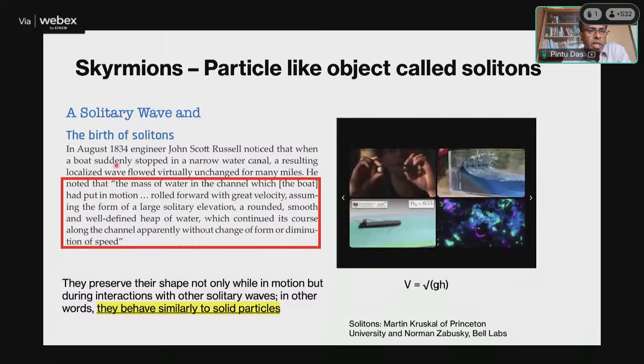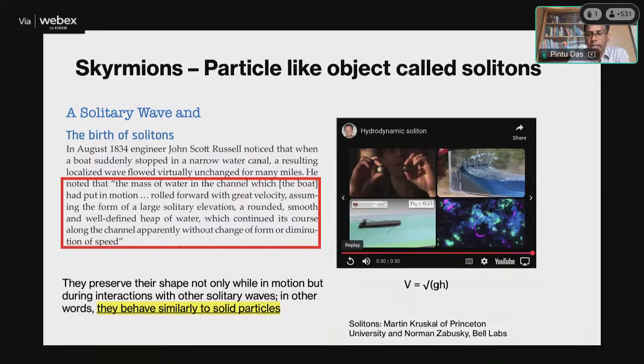The year is here, 1834, Scott Russell. So let me read this out. The mass of water in the channel, which the boat had put in motion, rolled forward with great velocity, assuming the form of a large solitary elevation, a rounded, smooth, and well-defined heap of water, which continued its course along the channel, apparently without change of form or diminution of speed.